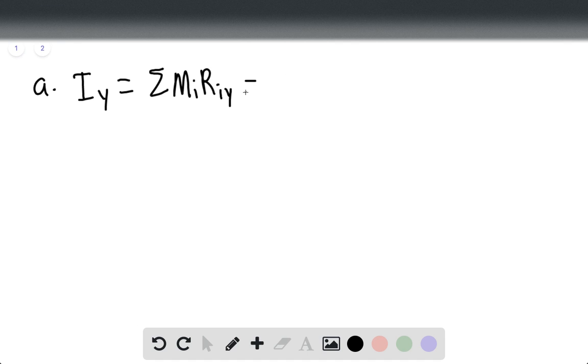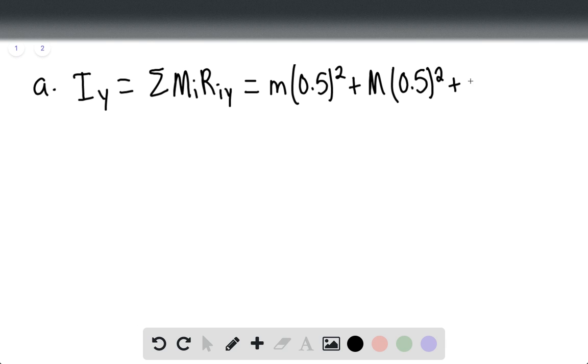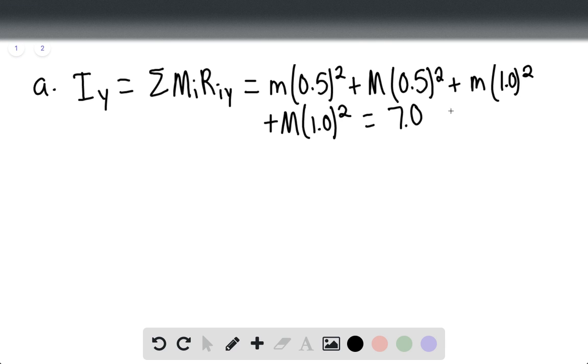So we can say that this is going to be equal to m times 0.5 squared plus capital M times 0.5 squared plus lowercase m 1.0 squared, and then we can say plus capital M 1.0 squared. This is giving us 7.0 kilogram meter squared. So again, this would be our y-axis.